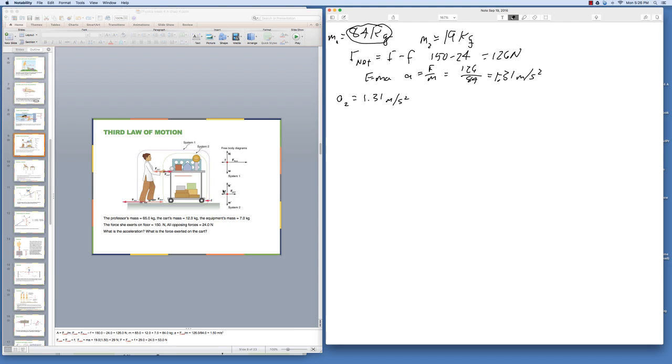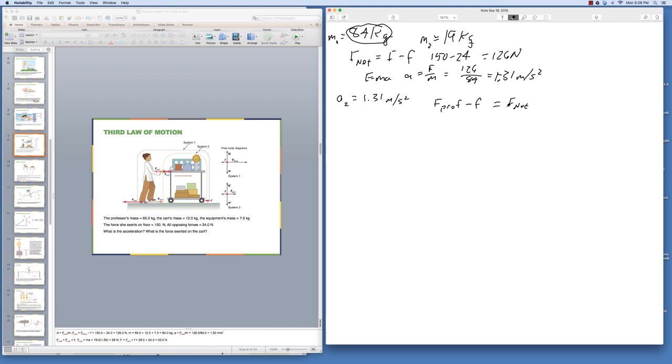And here again you have the free body diagram, and essentially what they want to know now is what force is the professor exerting on the cart. And the force of the professor exerting on the cart minus the resistant force has got to equal the force net that results in the motion of the cart. Okay?